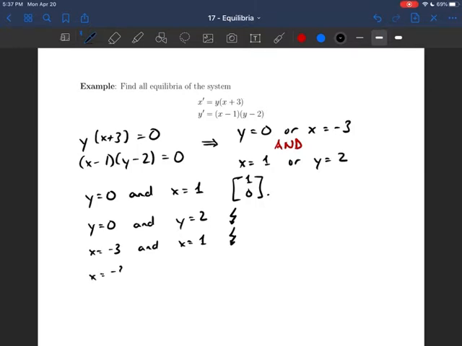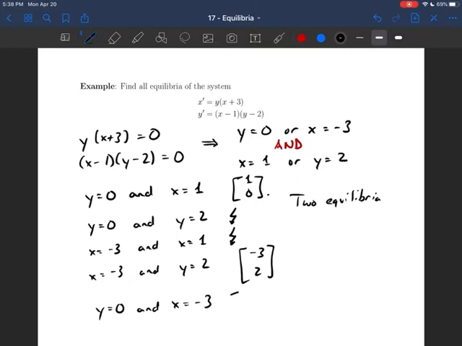We've exhausted all of the possibilities with y equals 0, so what about x equals minus 3 and x equals 1? That's a contradiction. And what about x equals minus 3 and y equals 2? Oh, that's fine. That gives us a solution negative 3, 2. So we get two equilibria here.